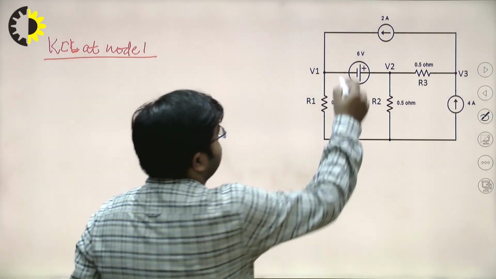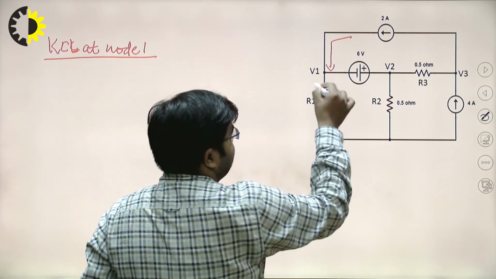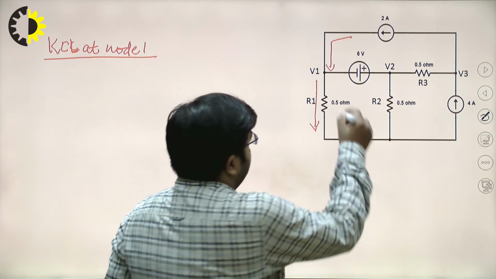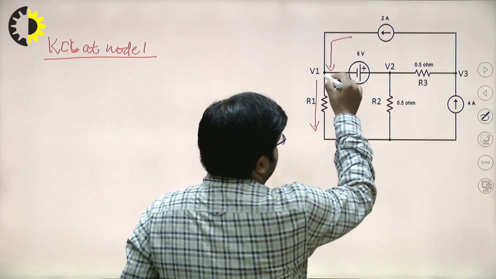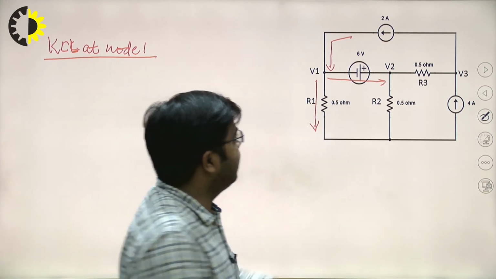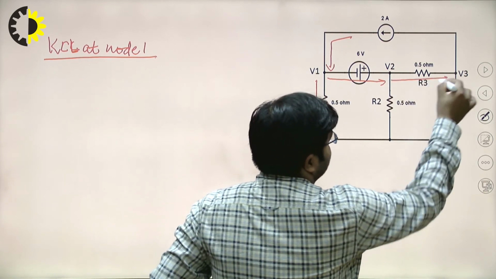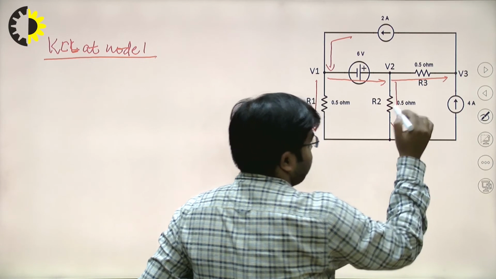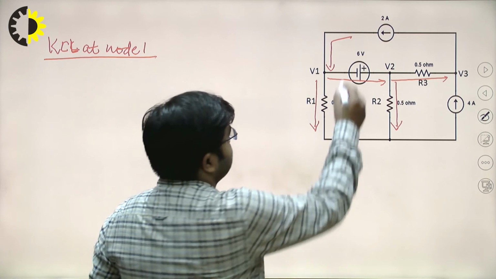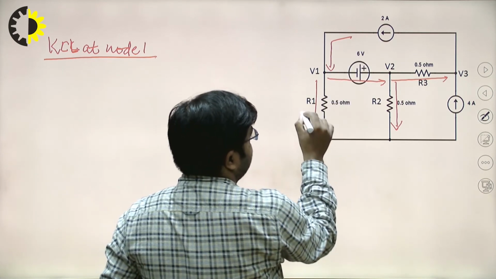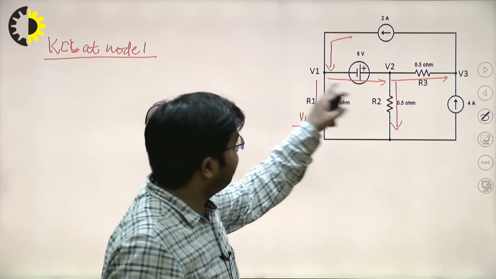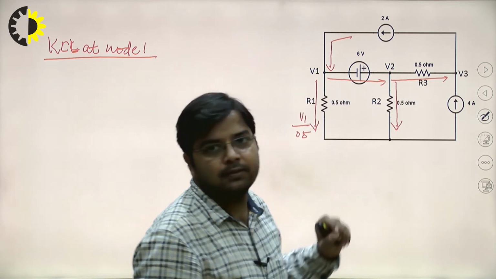Suppose this is 2 ampere current, and one current will go this side and one current will go this side. So this current will again divide into two parts, this way and this way. This current will be V1 by 0.5, and this current will be the sum of these two currents.